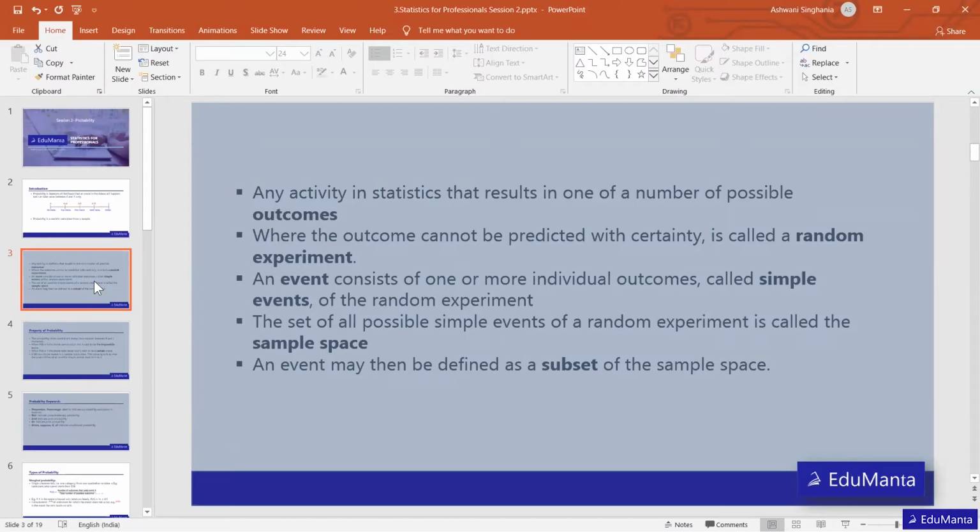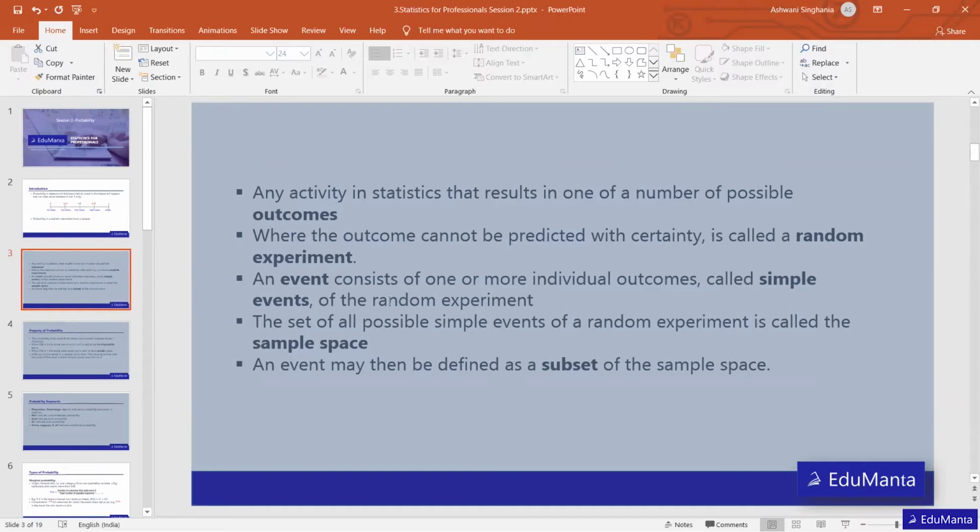Let's discuss them. Any activity in statistics that results in one of a number of possible outcomes. Suppose you roll a dice. The possible number of outcomes will be 6. We can get any number on top from 1 to 6. Those are outcomes.